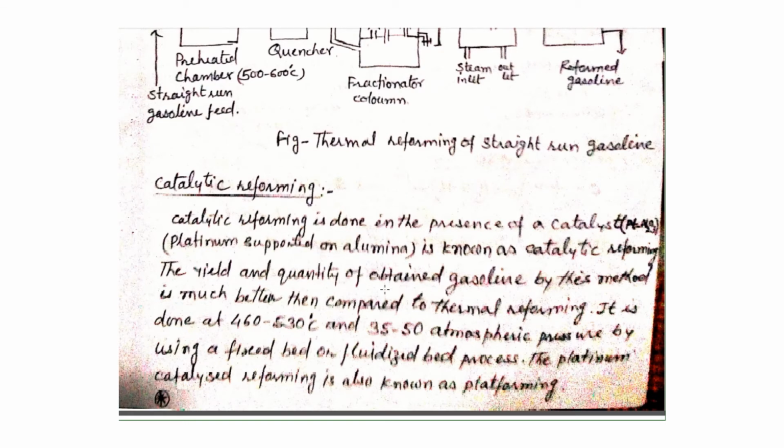The quality of gasoline obtained by this method is much better compared to thermal reforming. It is done at low temperature and pressure in a fixed bed or fluidized bed process.